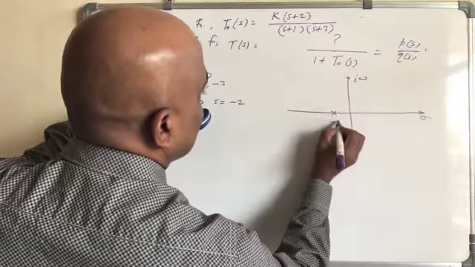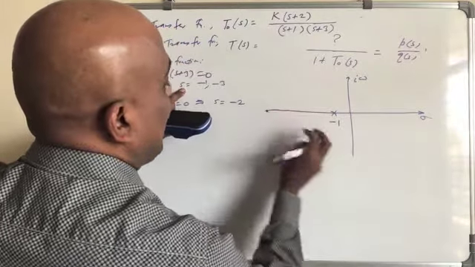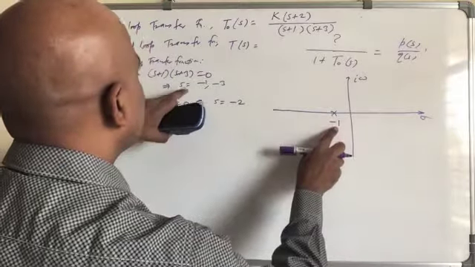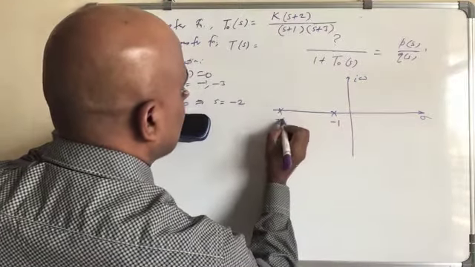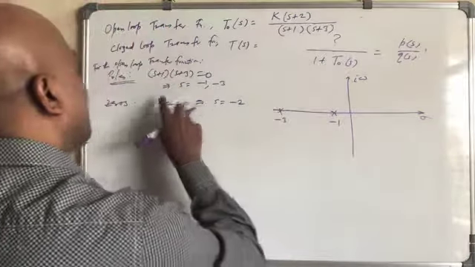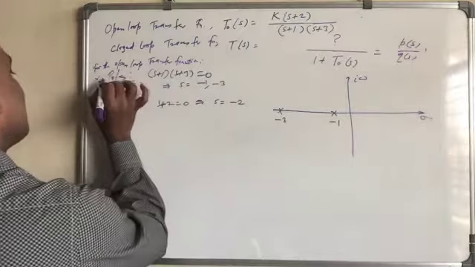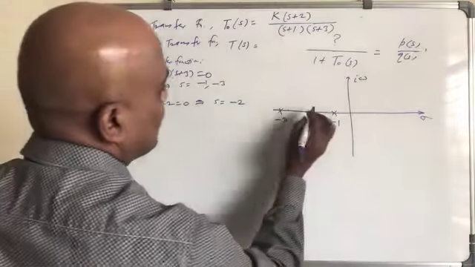So this is -1, and another here is -3. Both are crosses, poles basically. And the zero is at s equal to -2, so the zero is here.